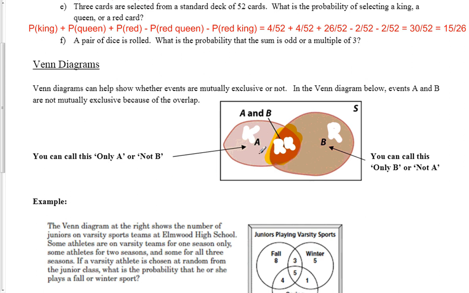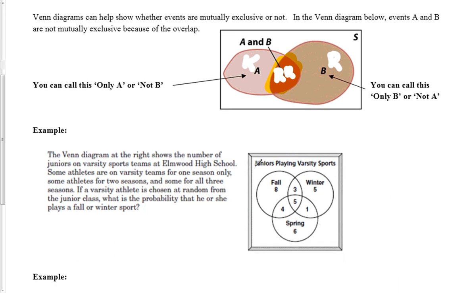We have some type of event, another type of event, and in the middle is where both happen. So for example, Venn diagram at the right shows the number of juniors on varsity sports teams at this particular high school. Some athletes are only fall athletes, some people only winter, some people only spring, and then we have special cases.